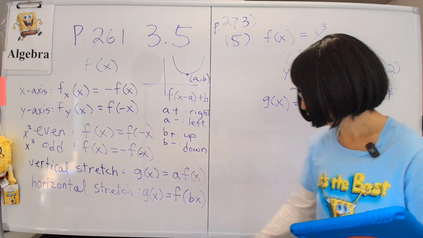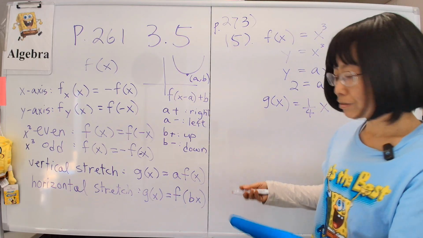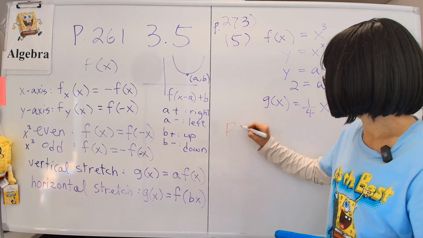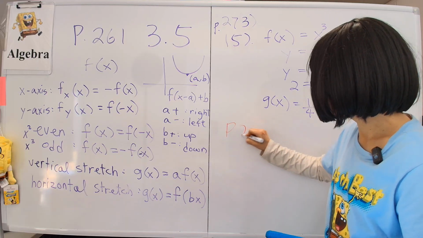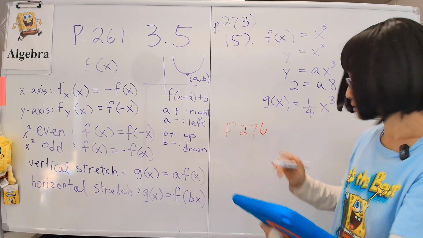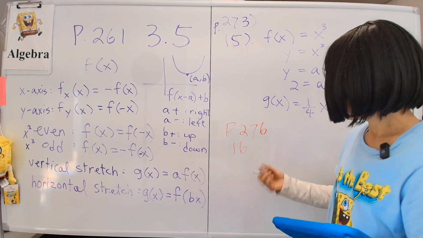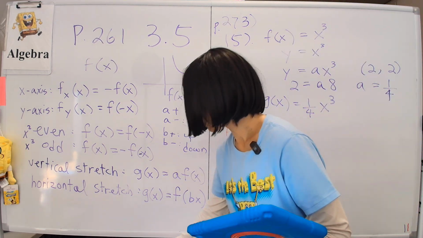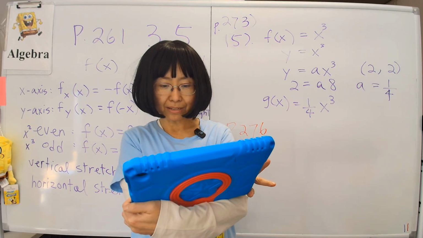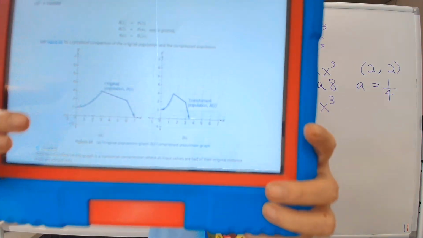Let's go to page 276, where we look at the graph. This is example 16. Now let's look at the graph. What happens here is that all your input got reduced by half.